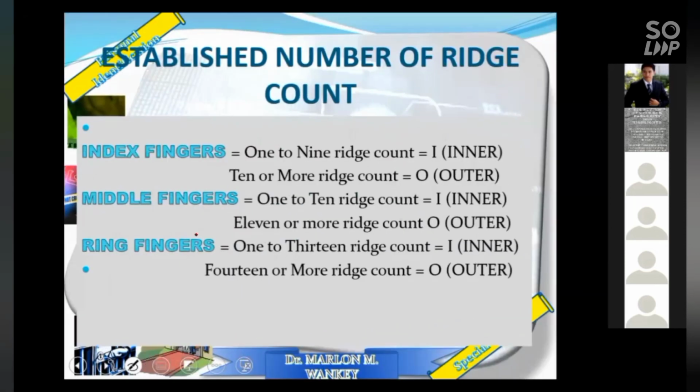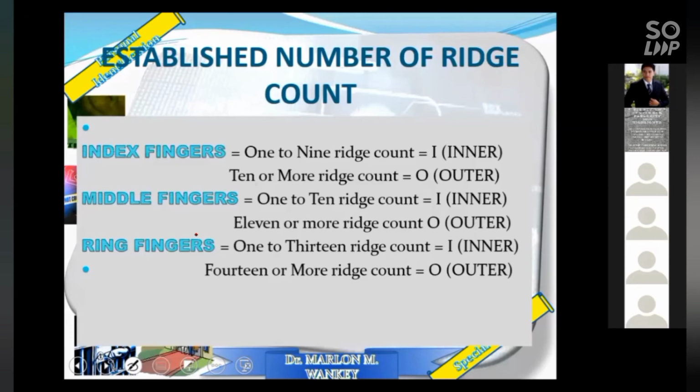Index fingers, middle fingers, ring fingers. For index fingers, 1 to 9 ridge count is inner; 10 or more ridge count is outer. For the middle fingers, 1 to 10 ridge count is inner; 11 or more is outer. For ring fingers, 1 to 13 ridge count is inner, and 14 or more is outer. So that you will not have difficulty memorizing, just remember the outer.